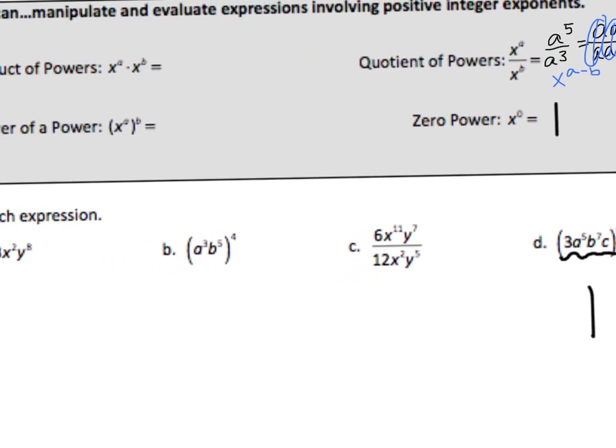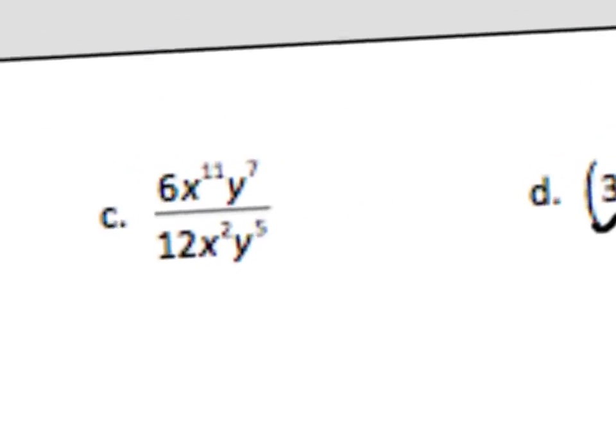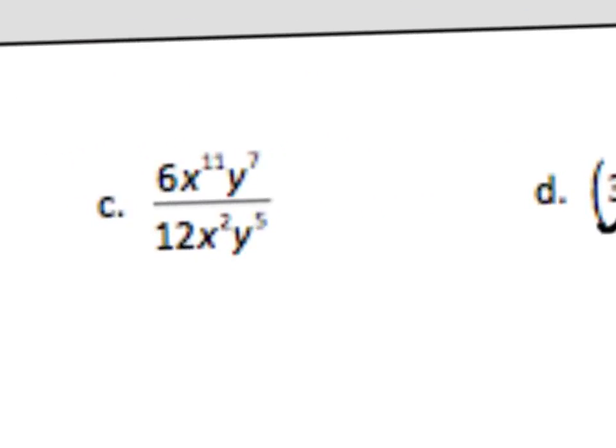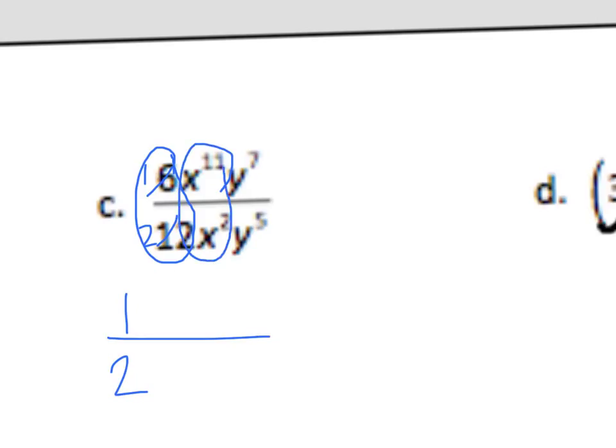Okay, so if we look at, let's say, example C, we're kind of working backwards here. We see the numbers 6 over 12. That reduces to 1 over 2. So far I have 1 and 2. Now I have x to the 11th and x to the 2nd. You don't have to write this out every time, but I think it's helpful, especially in the beginning, so you can remember the rules.